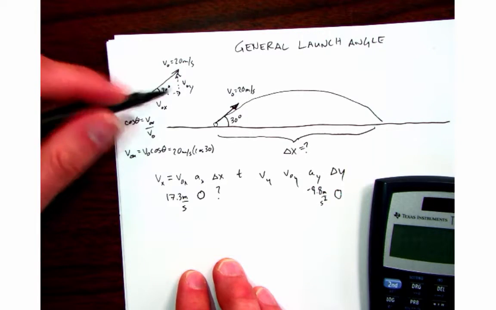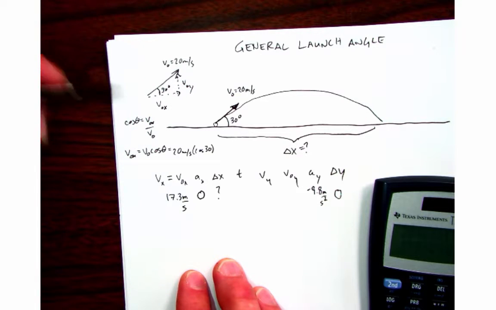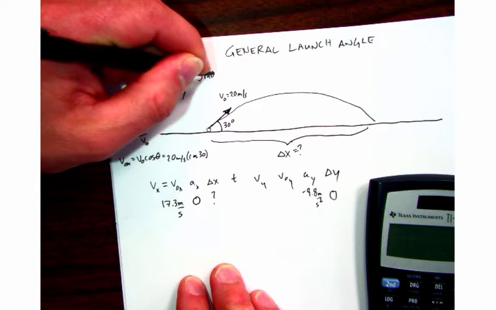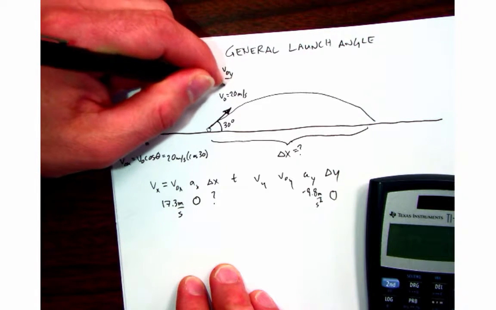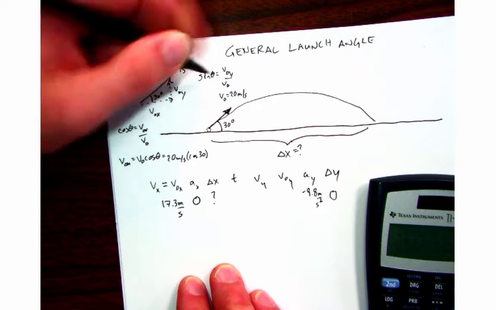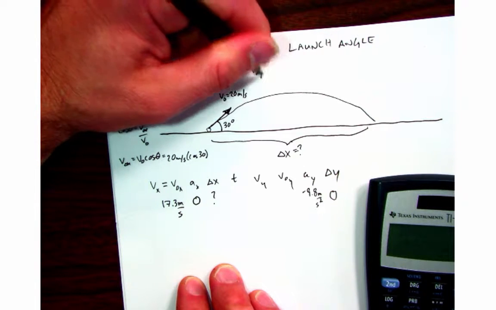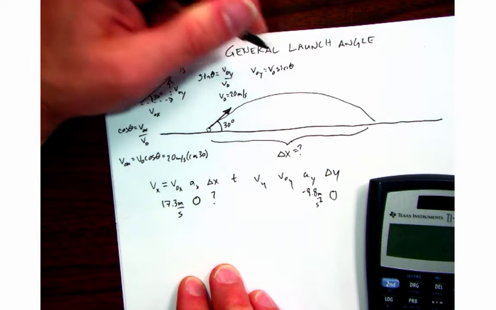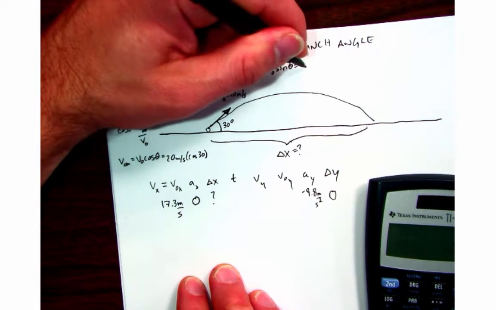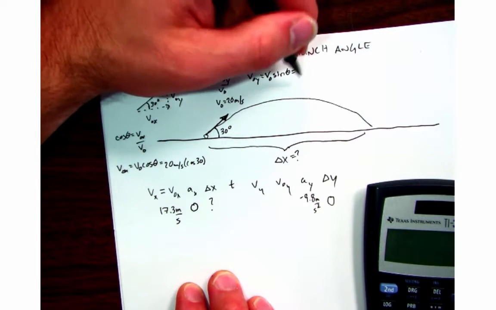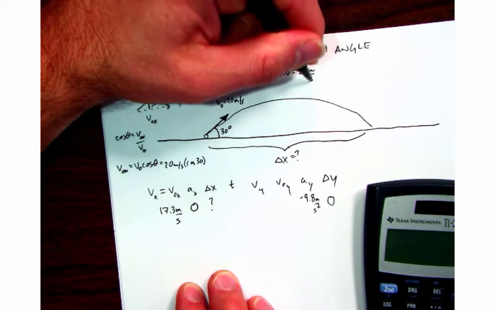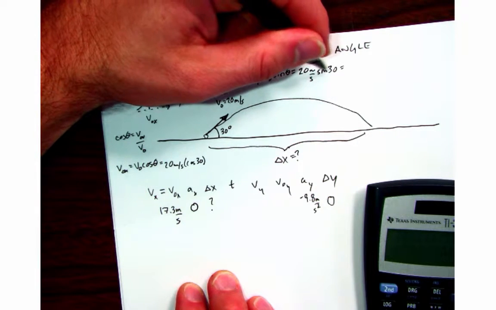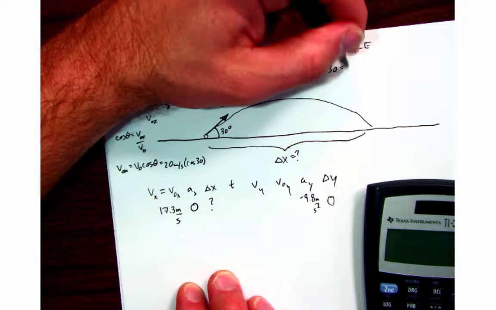Now for v naught y, I do the same thing, except I'm going to use sine. Sine of theta equals v naught y over v naught. I multiply the v naught up to here, so I get v naught y equals v naught sine theta. That's going to be 20 times the sine of 30. Sine of 30 is 1/2, so 20 times 1/2 is 10 meters per second.